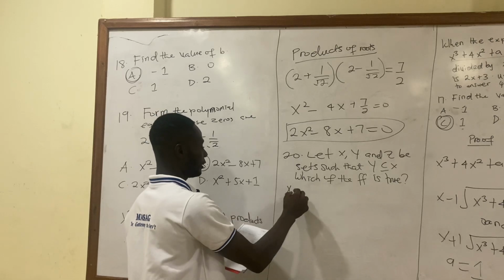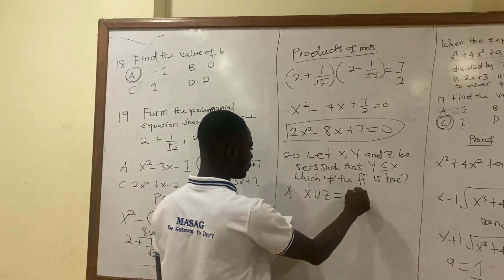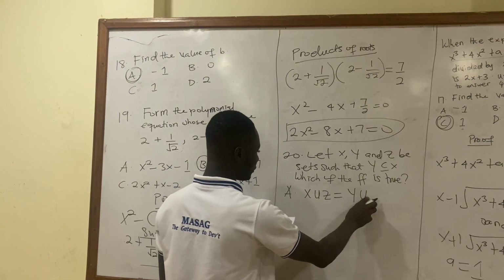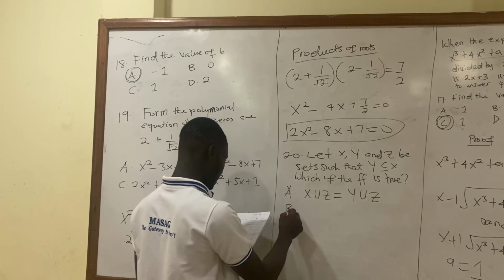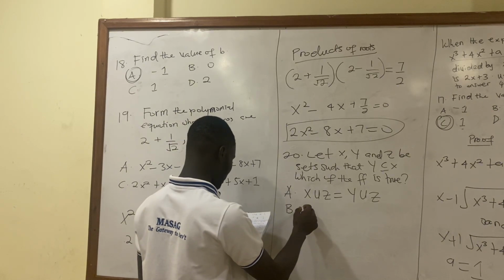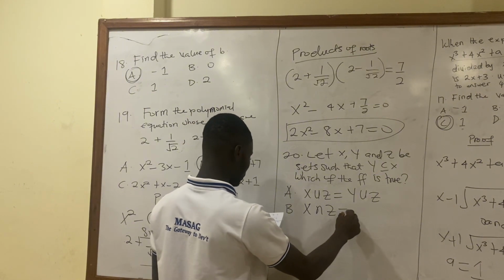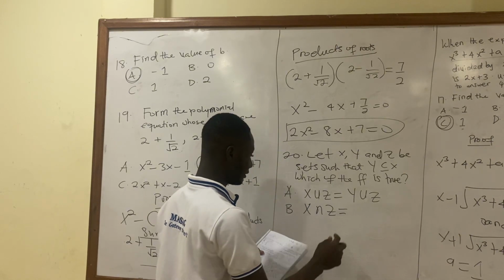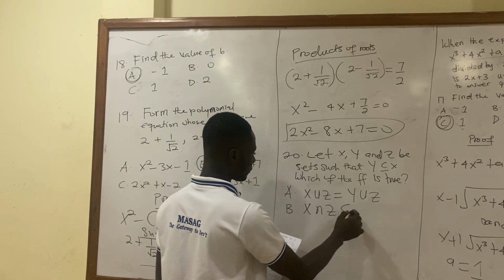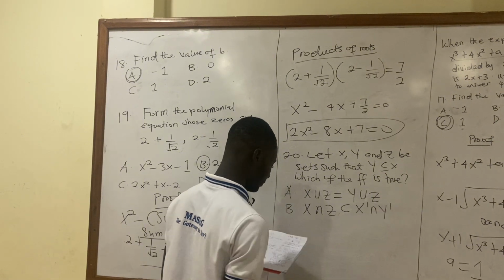So we have A, X union Z is equal to Y union Z. B, X intersection Z is a subset of X prime intersection Y prime.